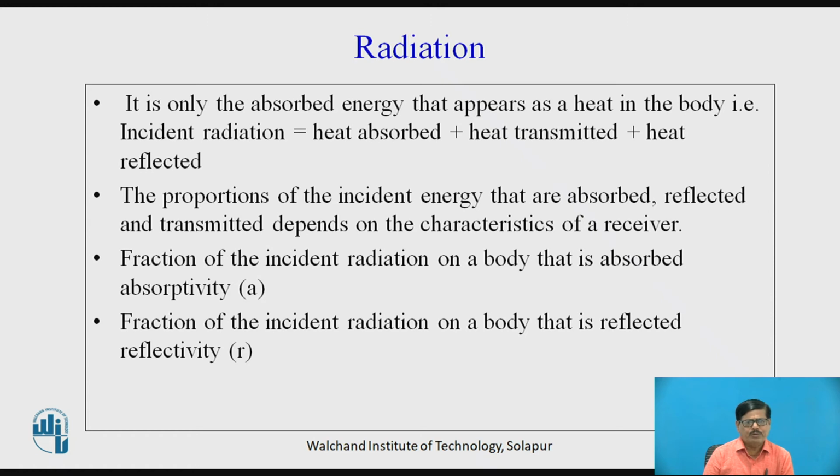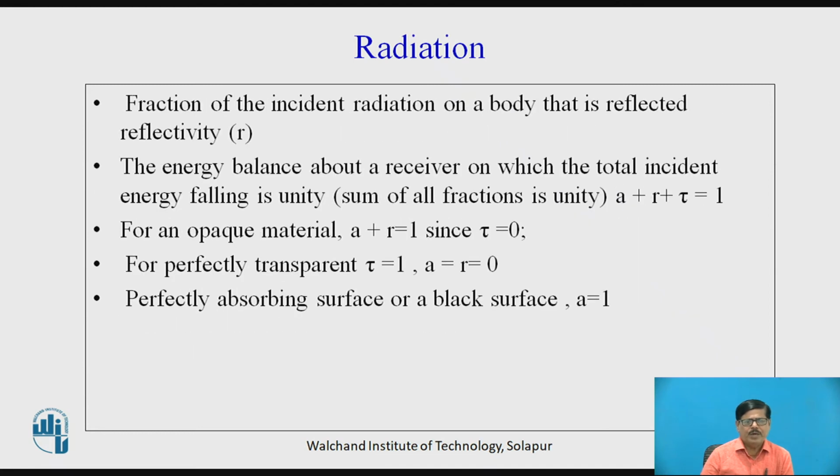Now absorptivity is defined as the fraction of incident radiation on a body that is absorbed, and it is denoted by A or alpha. Then reflectivity is the fraction of incident radiation that is reflected by the body, and that is denoted by R. And the fraction of incident radiation that is transmitted will be called the transmittivity.